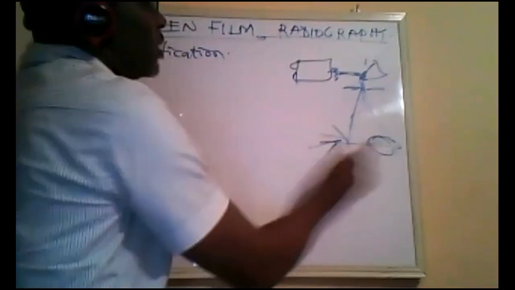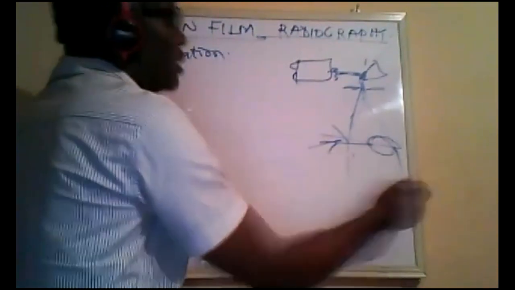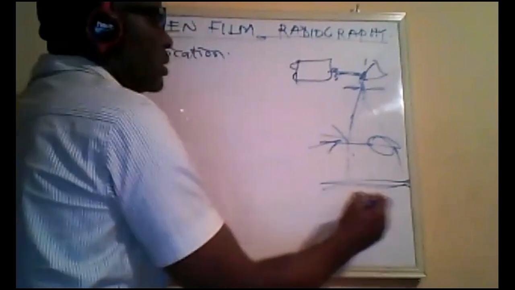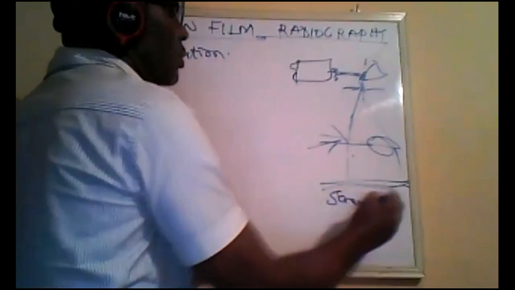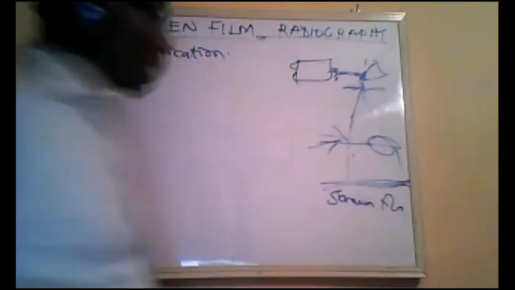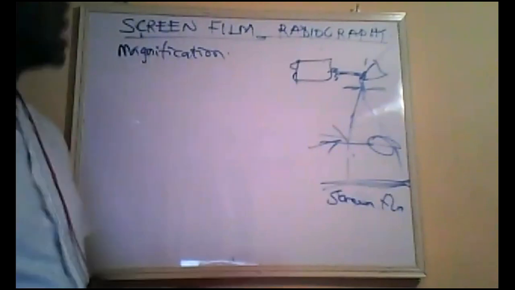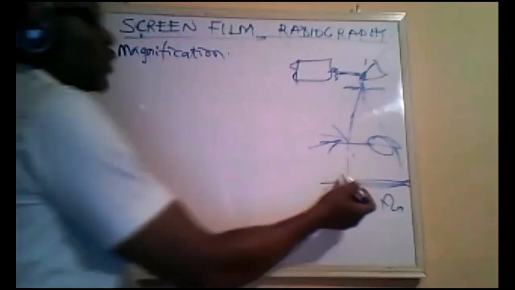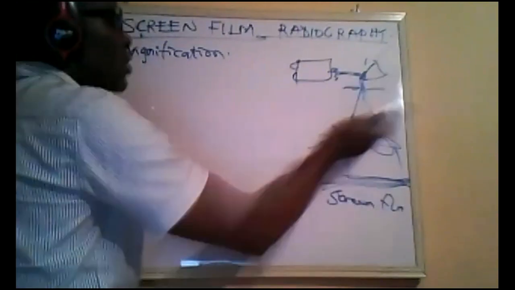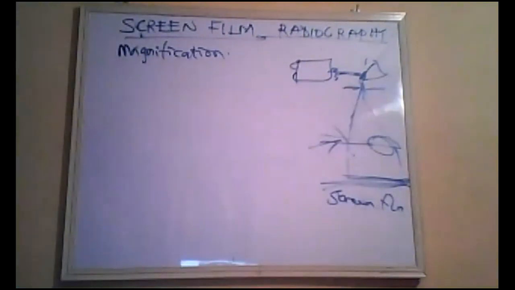After passing through the patient, it continues to diverge up to when it hits the film, the screen film. Because of this divergence, we now have a magnification. So if you have your screen here, you are going to have a particular magnification factor. If you move your table up and down, maybe towards the source, you're going to have another value of magnification.